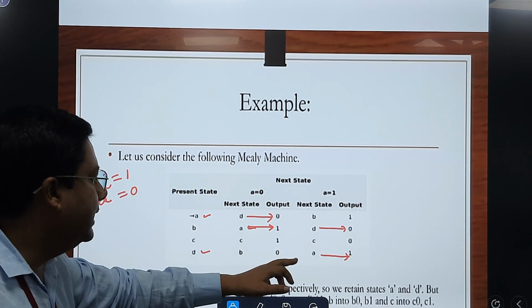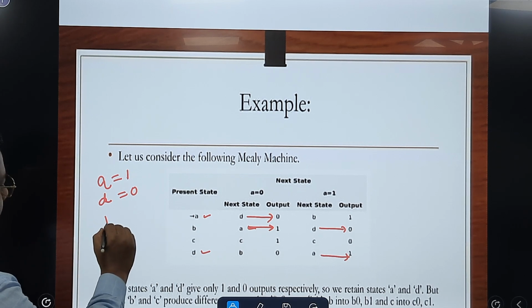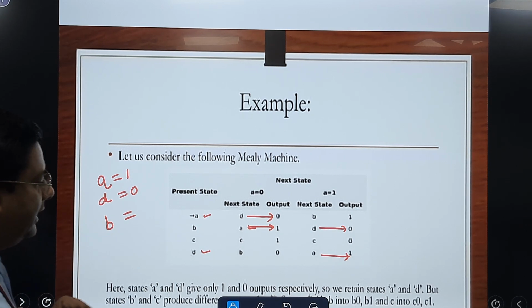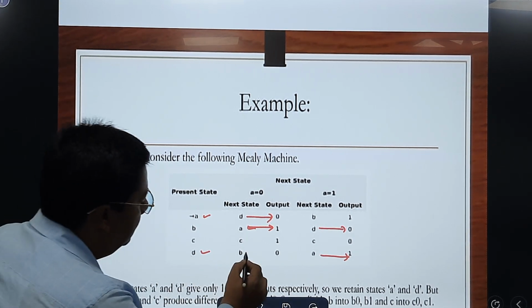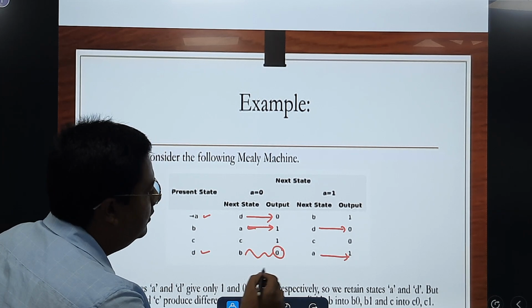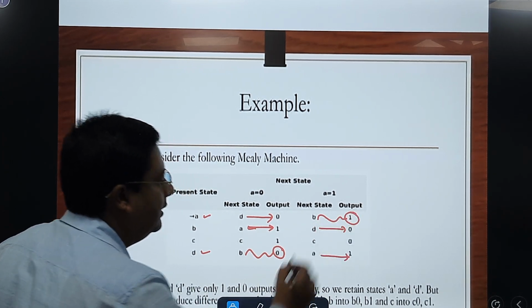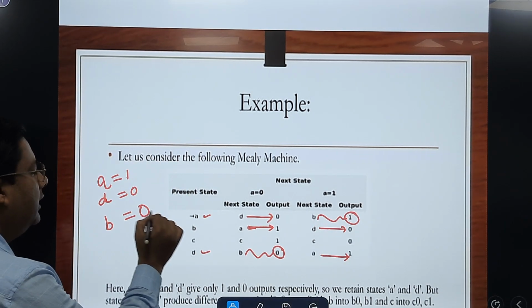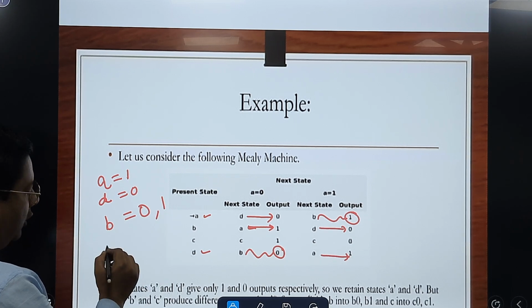Now for B and C. What are we getting at B? We are getting 0 and 1 at B. So how do we write this?